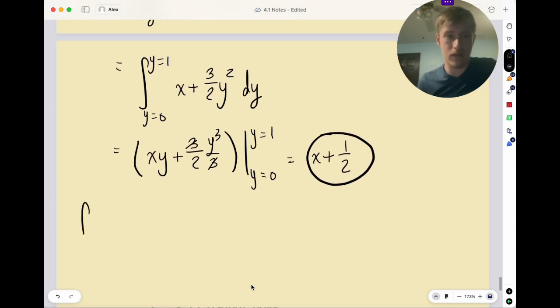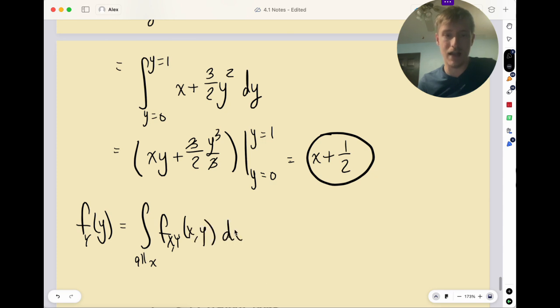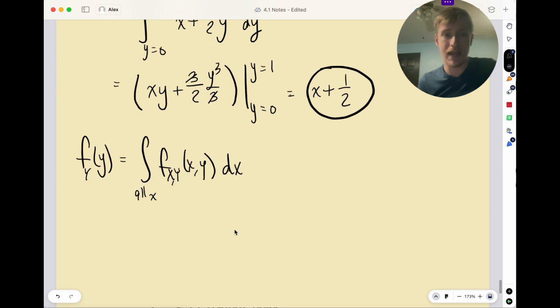Now for y, I'm going to do the same thing, but this time I'm going to integrate over all x. This is still a marginal distribution, and in our case, we're going to integrate over the unit square, x equals 0 to x equals 1, of x plus 3/2 y squared dx.